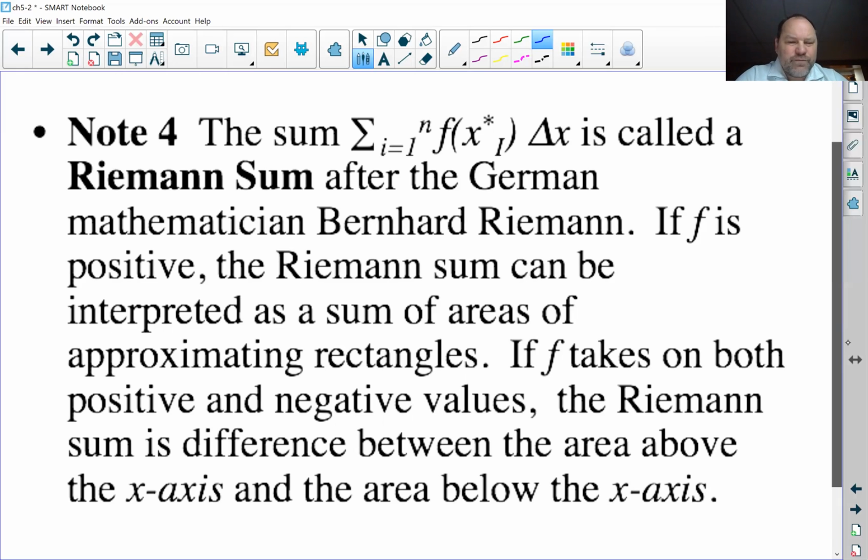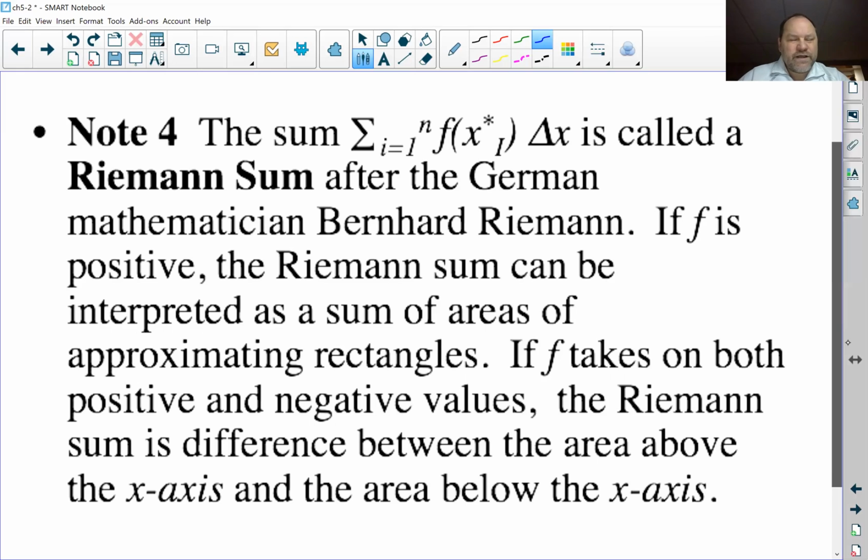If f takes on both positive and negative values, because we're thinking of that in terms of area, which we always talk about as being positive, the sum would be the difference between the area above the x-axis and the area below the x-axis.